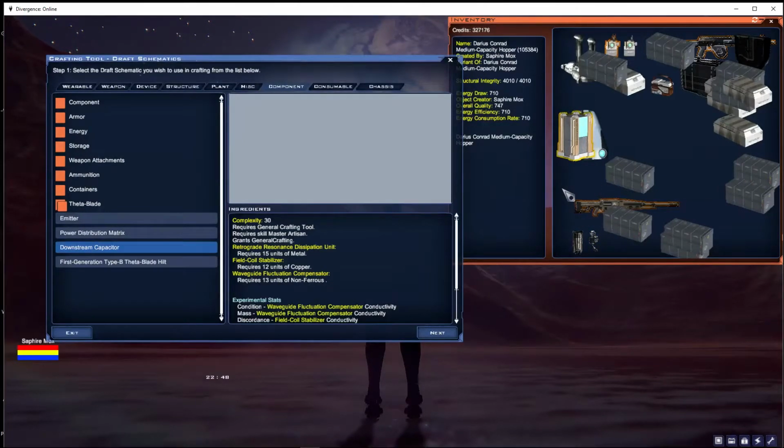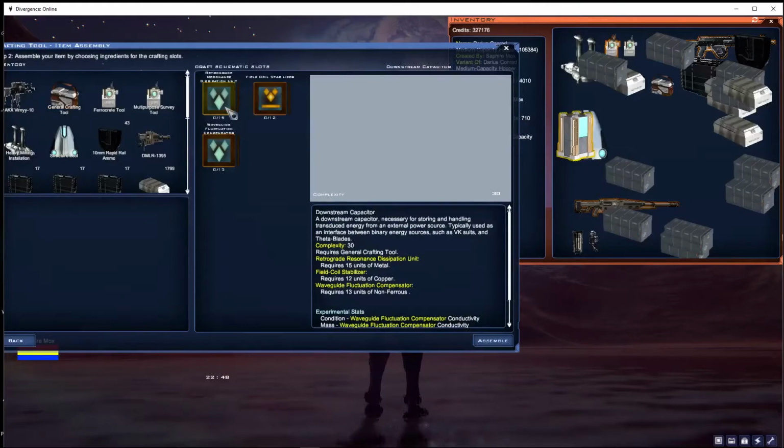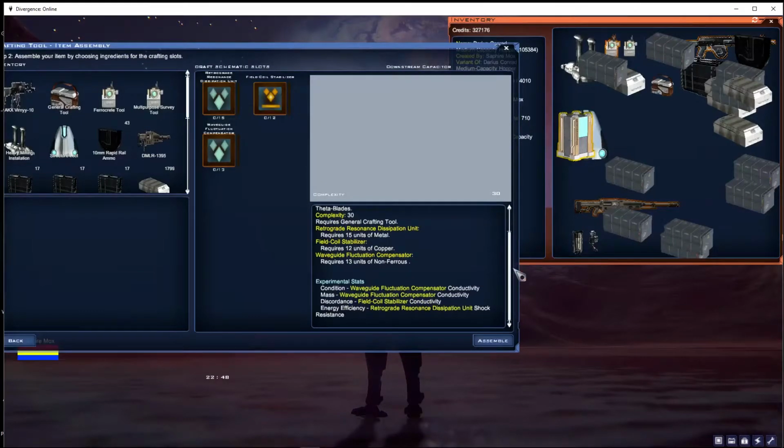So what we're going to do right now is look at the downstream capacitor, and we go into this. We've got 15 metal with the attribute shock resistance, 15 metal for the retrograde resonance dissipation unit.